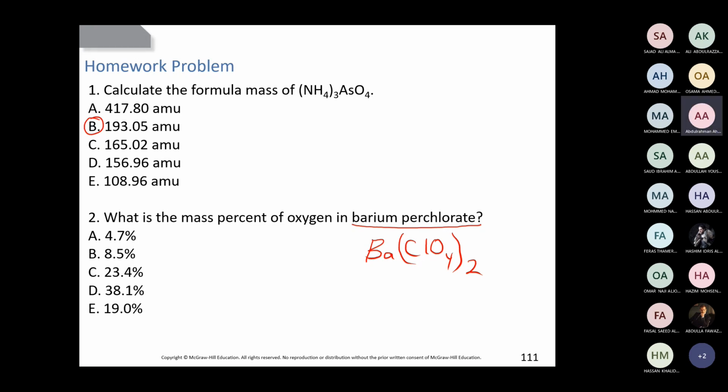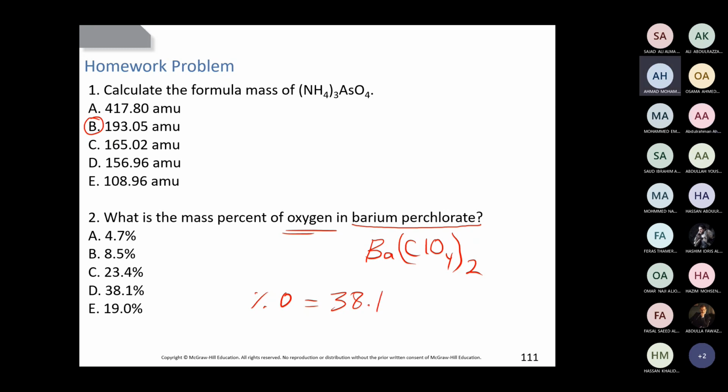Good. Now, what's the percent oxygen in the compound? Percent of oxygen only. How many oxygens do you have? 8 oxygen. Calculate the percentage of oxygen in the whole compound. Go ahead. I need the final answer. Somebody says 38.